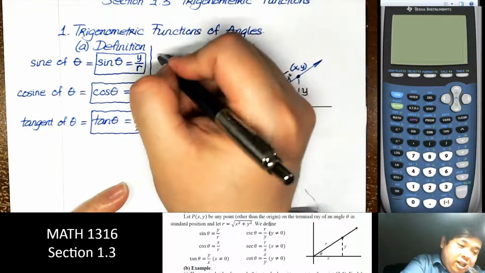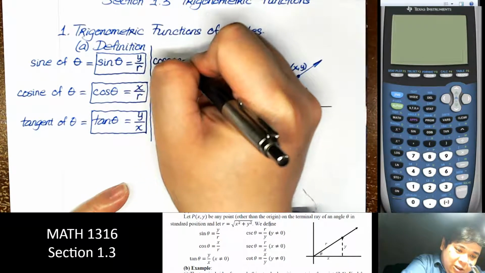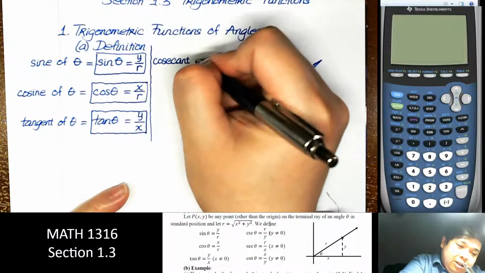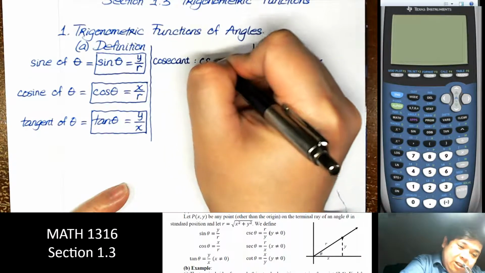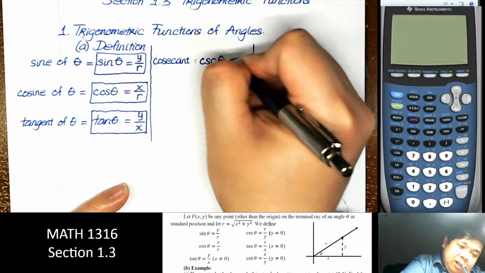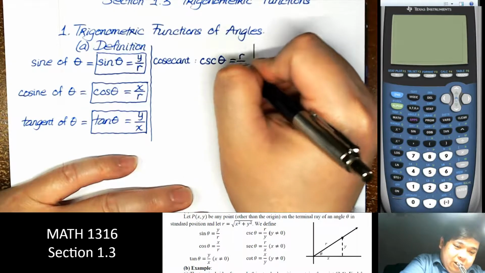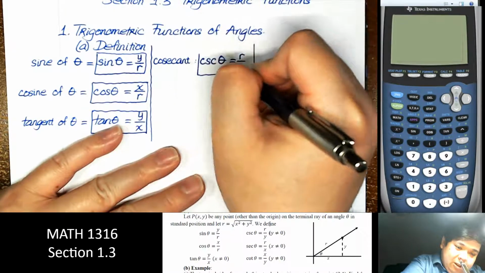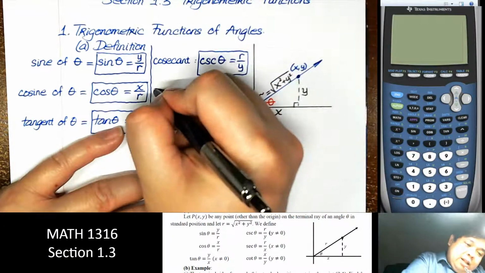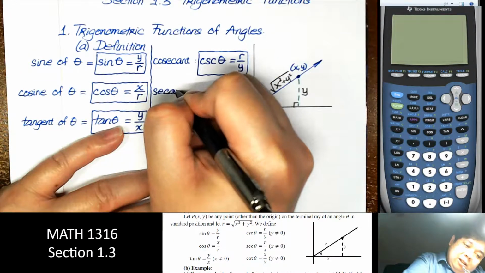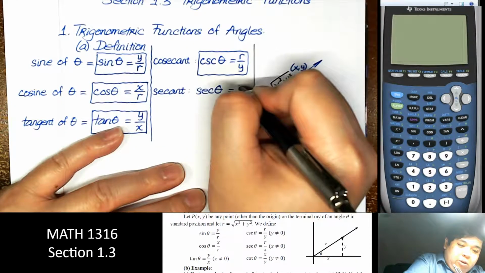Next, we have cosecant. We say cosecant of theta is, we're going to flip this, r over y. And then secant is r over x.